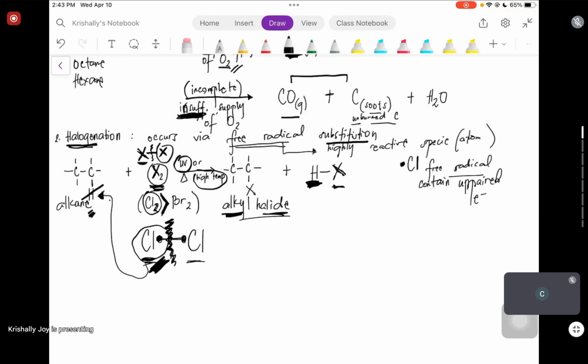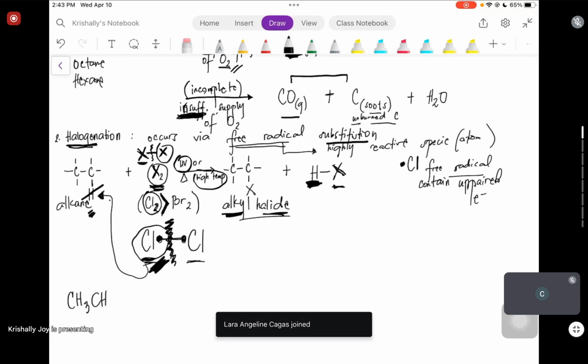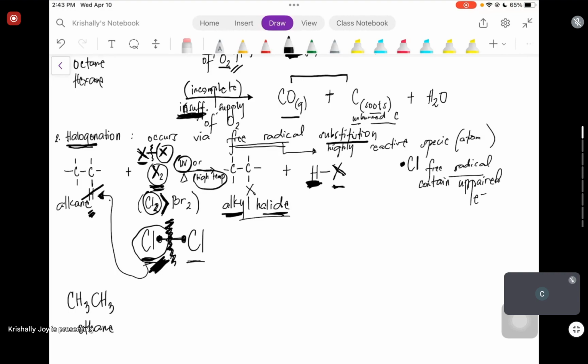Let's say for example, let's have ethane. Ethane is CH3CH3. So that is an alkane. And let's say it is being reacted with a halogen. The halogen specifically is chlorine gas.